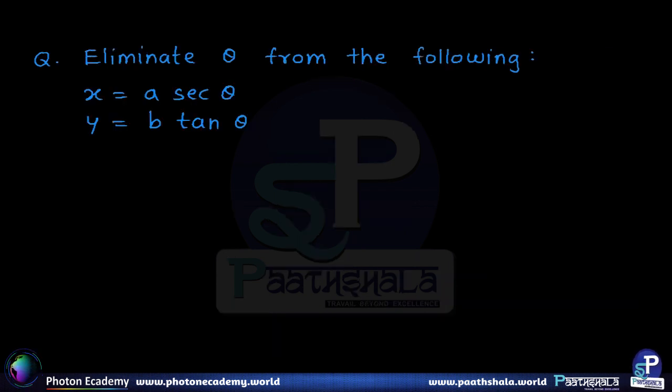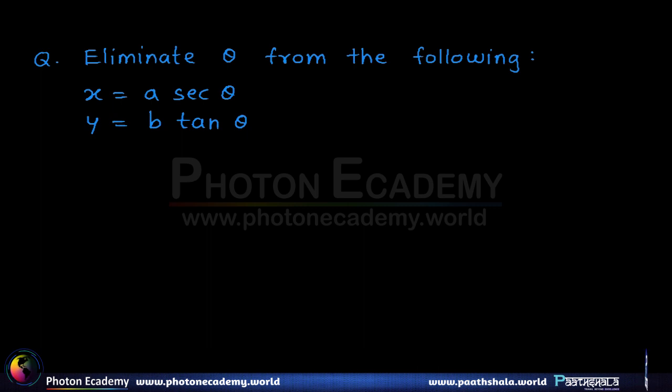Let's go ahead and see a different variety of question, which asks us to eliminate theta from the following relations: x is equal to a sec theta and y is equal to b tan theta.